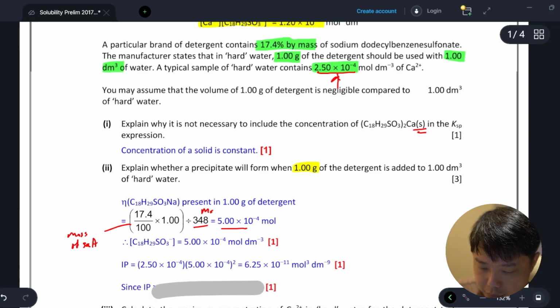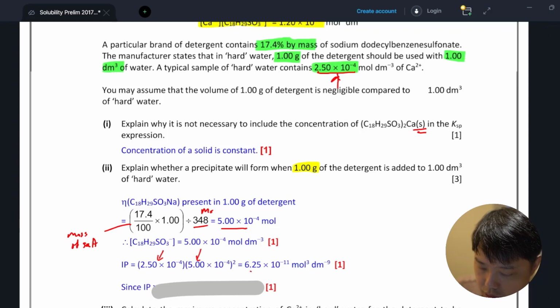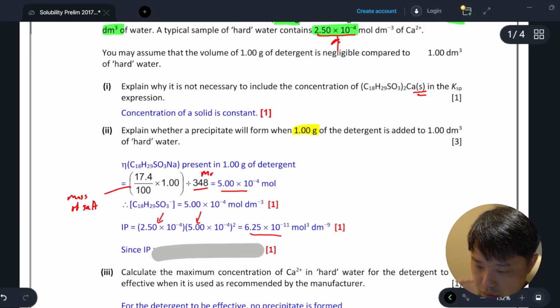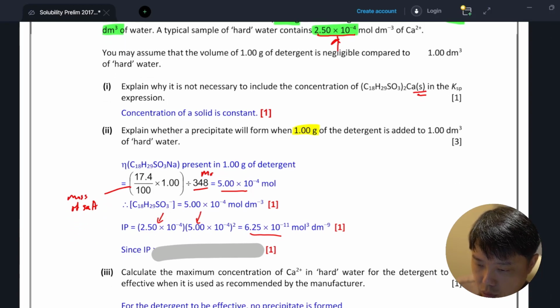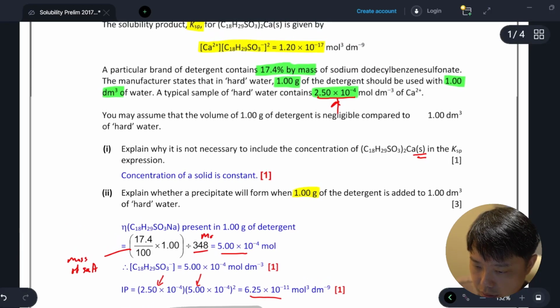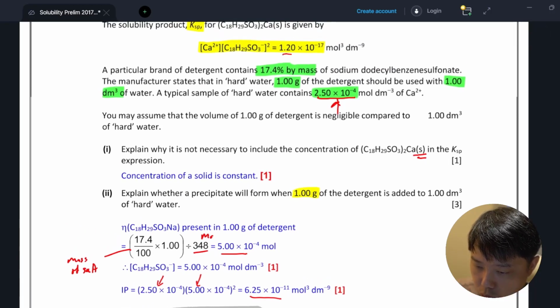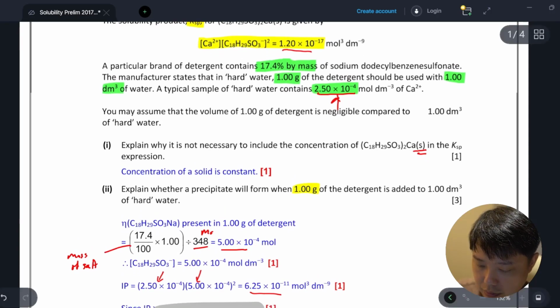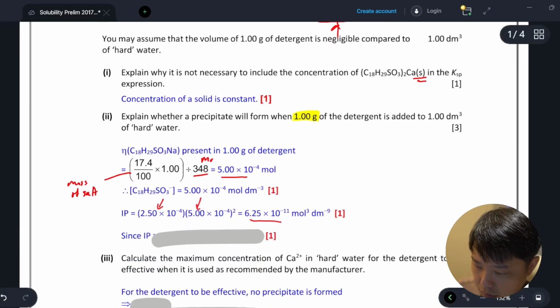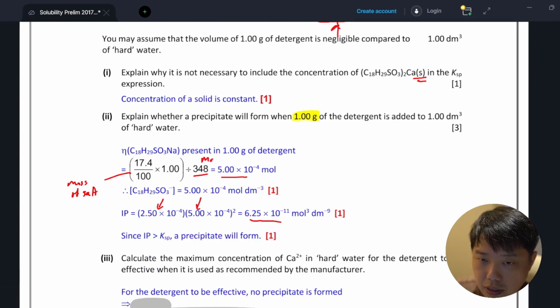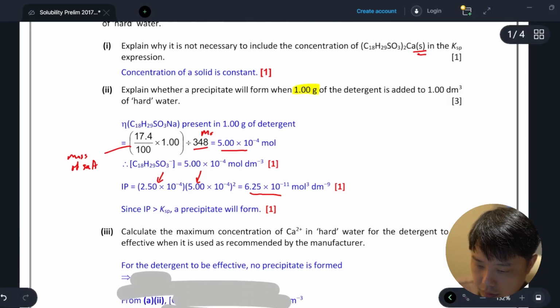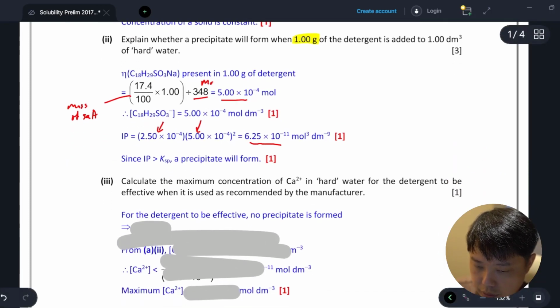We just need to substitute these two values into the expression. This is our ionic product as calculated, so we compare that to the Ksp that's given, which is 1.2 times 10 to the power minus 17. Since your ionic product is greater than your Ksp, a precipitate will be formed. So that's for part 2.